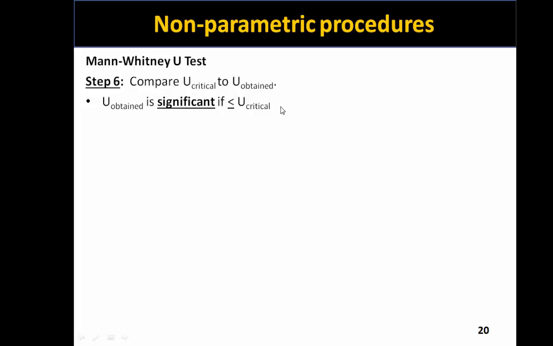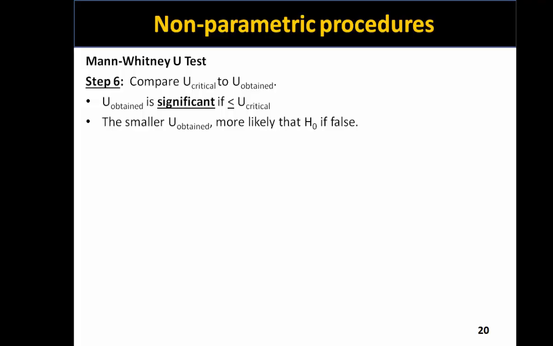Since the U obtained had a value of 2.0 and the critical value was 2.0, we see that although it's not less than, it is equal to the critical value. So we therefore determine that the two groups are statistically different from each other.